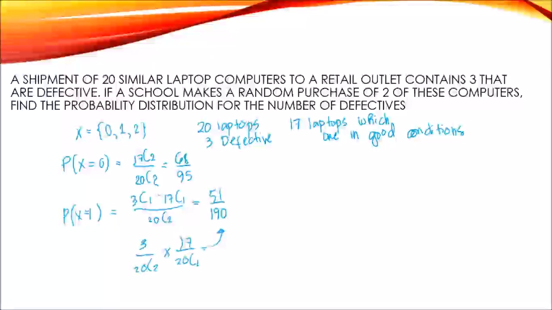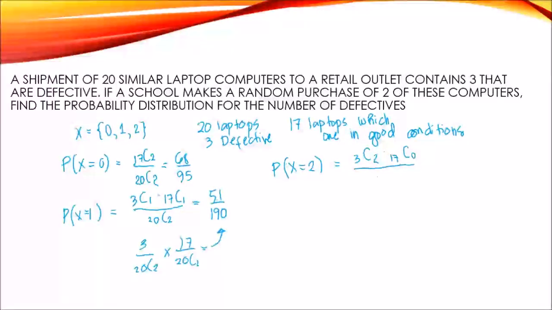Now next we have when our random variable is 2, or both laptops we get are defective. Correct? So out of the 3 defective, we can select 2. Correct? Now in the 17, how many will we get? 0, since all are defective. We won't get any laptop in good condition.